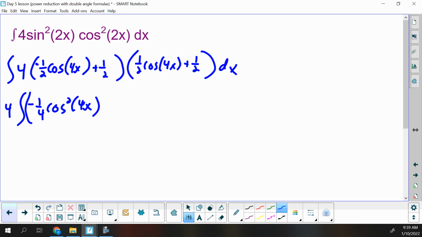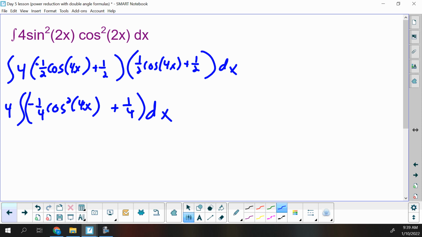So our inside and outside terms are both going to give us a negative 1/4 cos 4x and a positive 1/4 cos 4x. So those are going to wipe out. Then we just need to do the lasts and get plus 1/4, and then throw your dx on the end. Again, the inside and outside terms are the same thing, just opposite signs, so they end up wiping out.